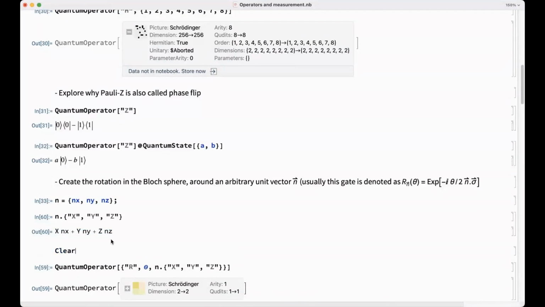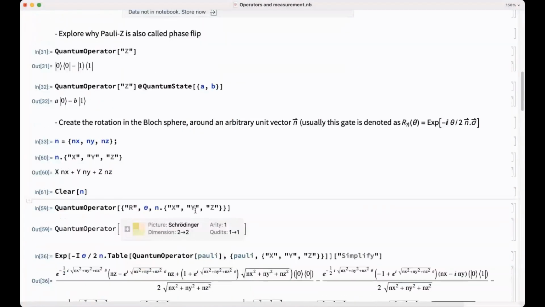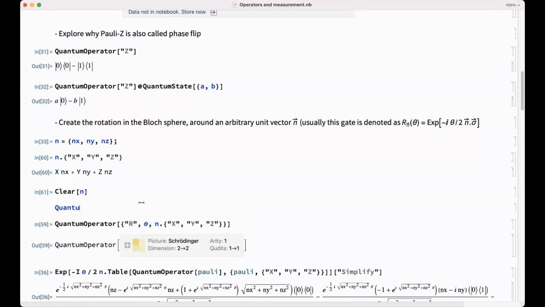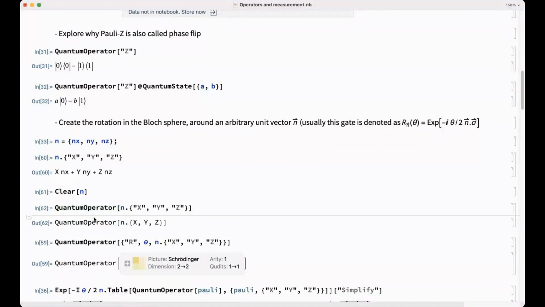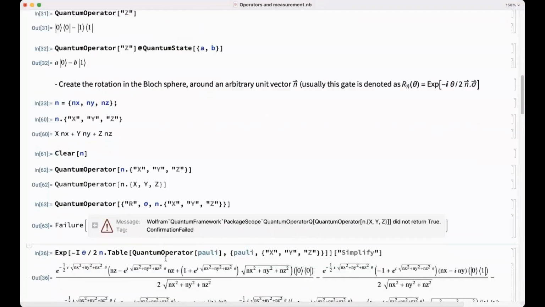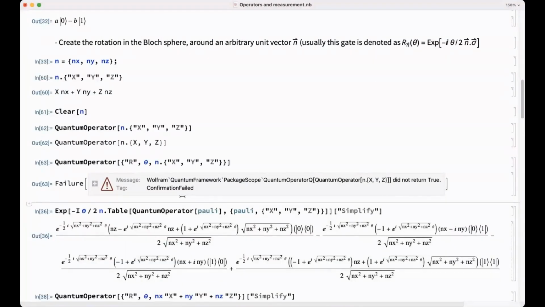Otherwise, if you clear it, this is not a valid operator. Basically, you should have a valid operator here, and it doesn't evaluate to anything. So it should be a failure, not a bunch of messages.